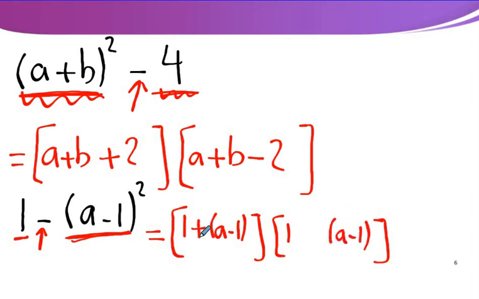Here positive and here negative. Simplify it. It will be a, and here will be 1 plus 1 equals 2 minus a.